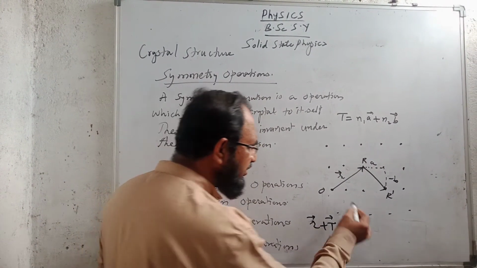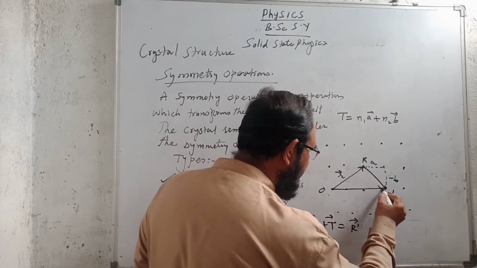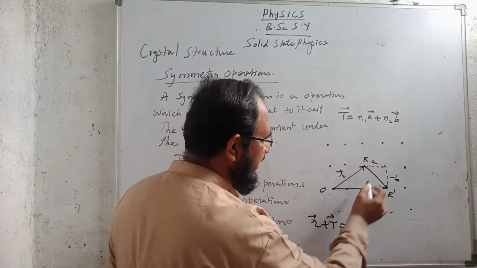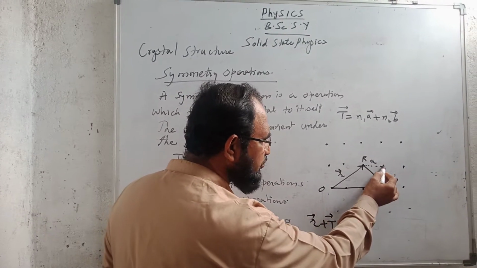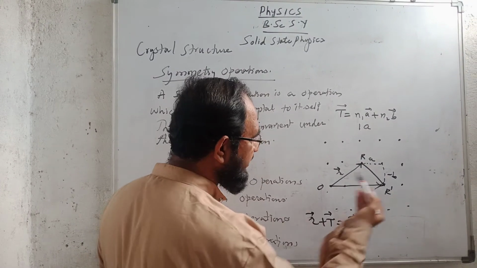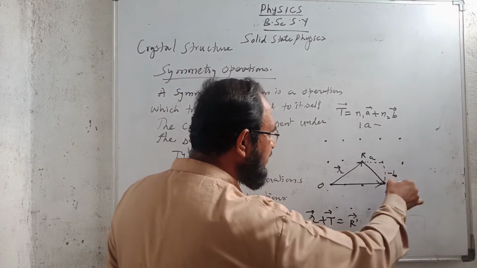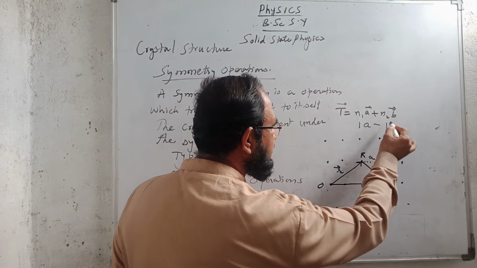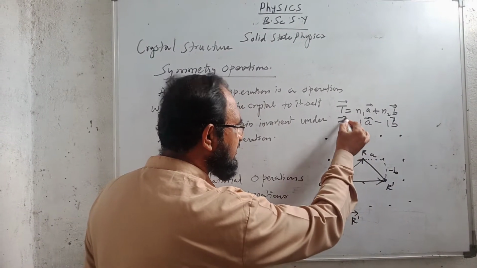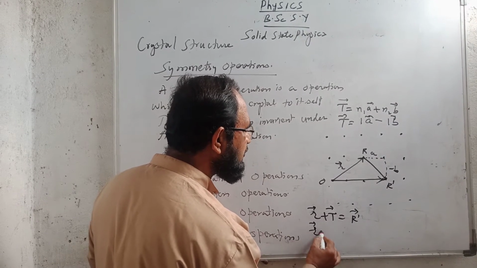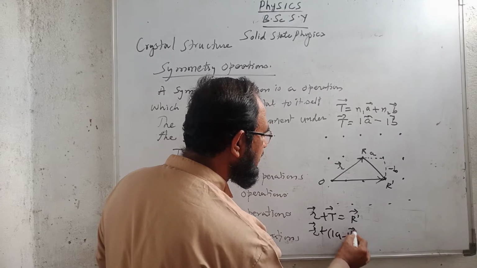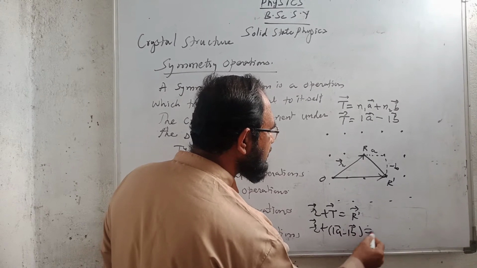So I will translate this vector, that is T is equal to n1A, meaning I have to go to this point, I will travel 1A distance, and then I will travel downward, meaning minus 1B distance. So we can find the value of T, the translation vector. R plus 1A minus 1B is equal to the R dash vector.